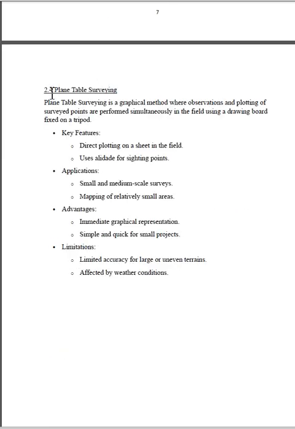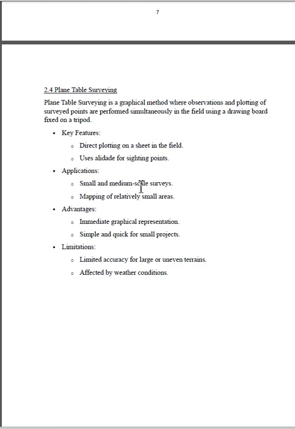Last but not the least, plane table surveying. Plane table surveying is a graphical method where observations and plotting of survey points are performed simultaneously in the field using a drawing board fixed on a tripod. Key features: direct plotting on a sheet in the field using an alidade, for slide profiles.